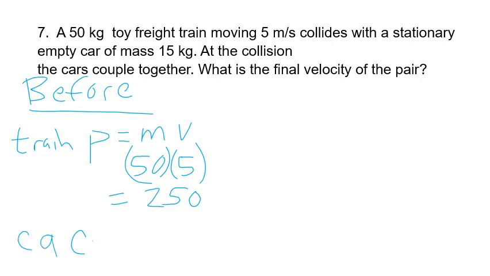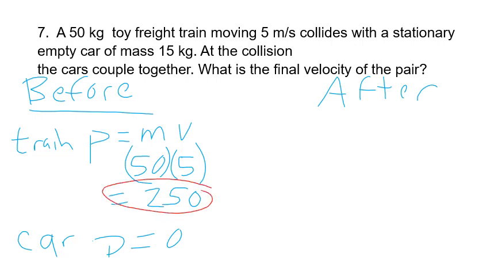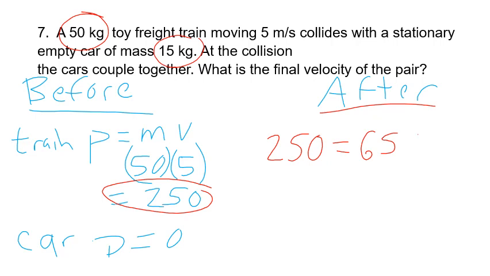Now, the car has an initial momentum of 0 because it's not moving. Okay, now the after. The total momentum before was 250. That means the total momentum after is also 250. What's the mass? Well, now we've got 50 kilograms and 15 kilograms moving together, so that's a mass of 65.